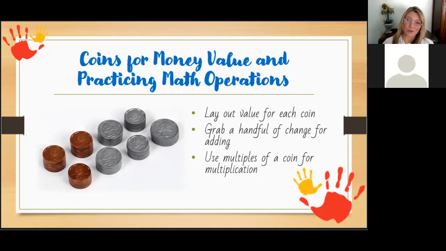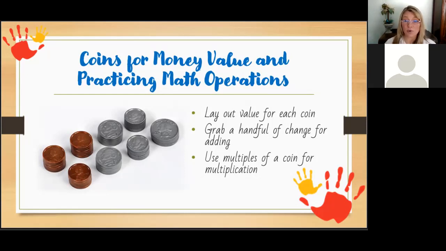You can also use it for the coins for doing operations. So grab a handful of change and let your child add that together. Grab another handful and have them add that. And now you have two different numbers, and you can opt to have them add those two quantities together or subtract the smaller from the larger quantity.